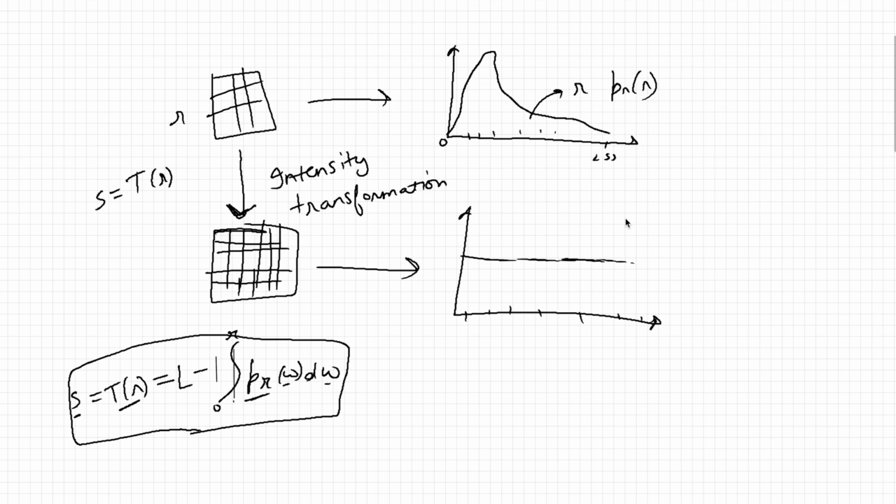But the thing is that no matter what P of R we choose or is available to us, this flat histogram would always be at 1 over L minus 1, where L is the number of intensity levels, which is 256 in this case. And this is the interesting thing I was talking about. Just imagine any input distribution, any image we use: if we apply this transformation, we get a second image, and this image will have a flat histogram.